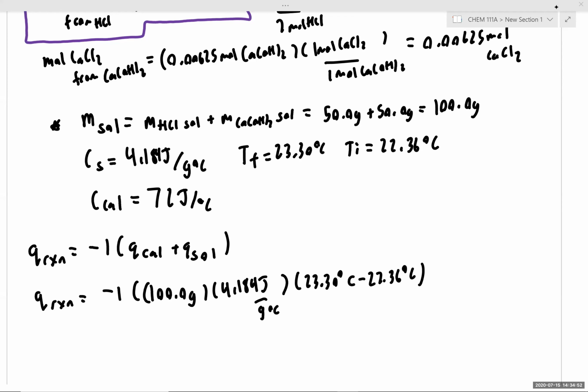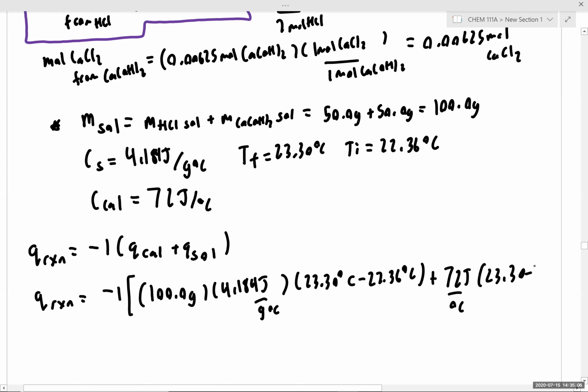Plus, now for the Q calorimeter, we have 72 joule per degree Celsius times T final minus T initial. So this is our Q cal, this is our Q solution.